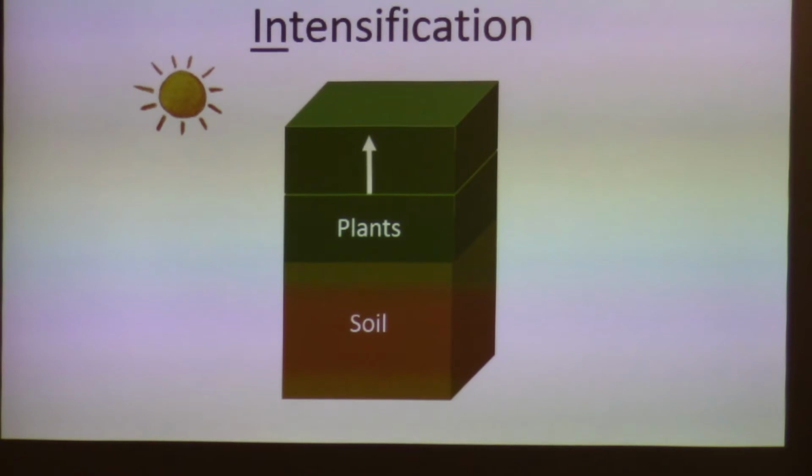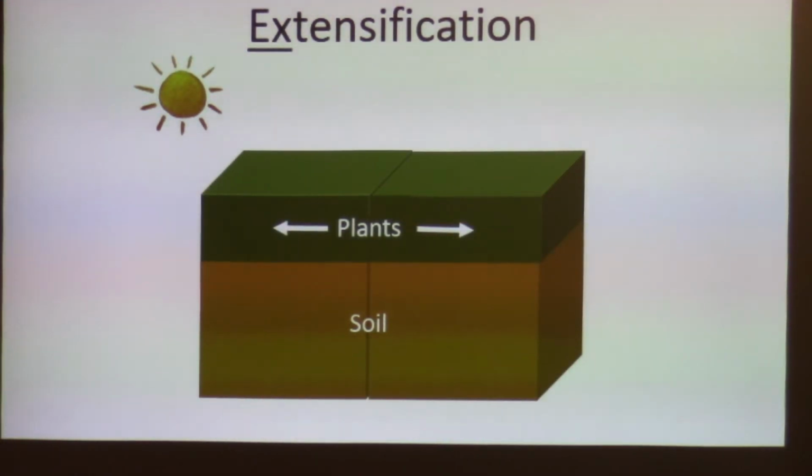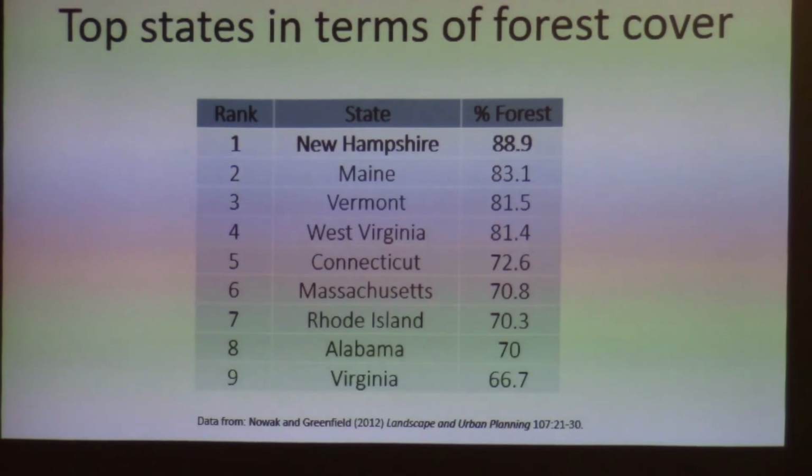We've just talked about this intensification approach to increasing the ability to harvest the sun's energy. And there is this extensification approach as well, and this is basically growing more plants on more land. As you know, here in New England and in New Hampshire particularly, we are blessed with a lot of forested cover.